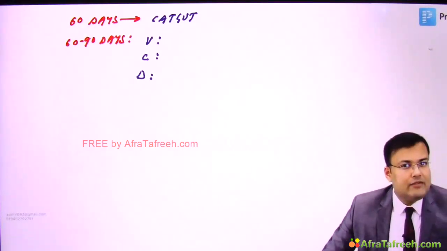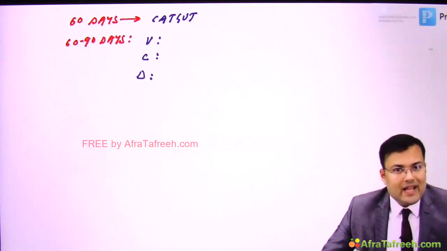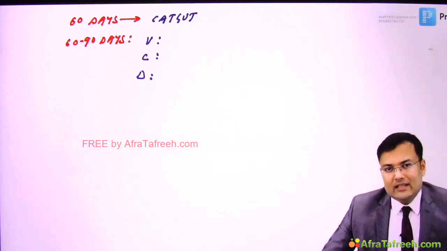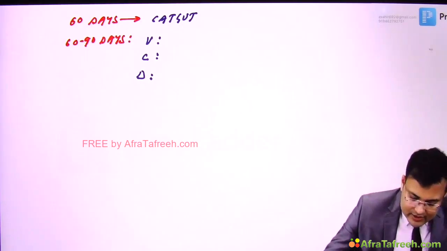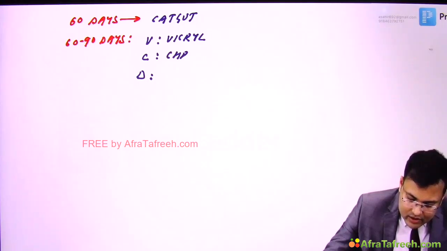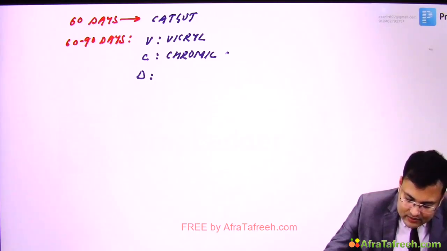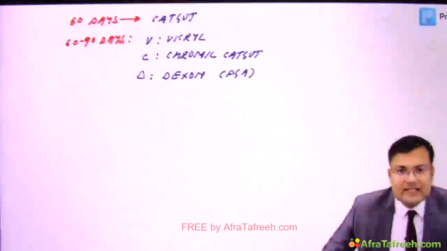Clear? V is vicryl, C is chromic catgut, D is dexon, and the other name of dexon is polyglycolic acid.